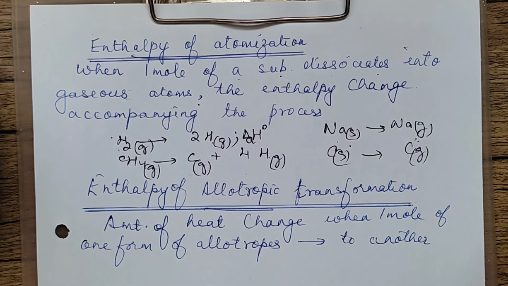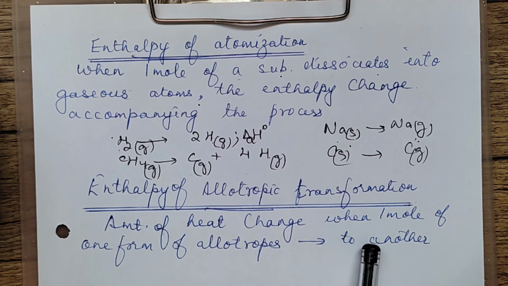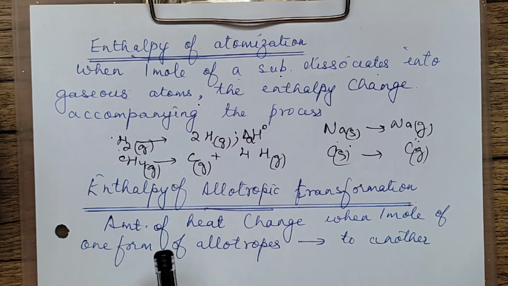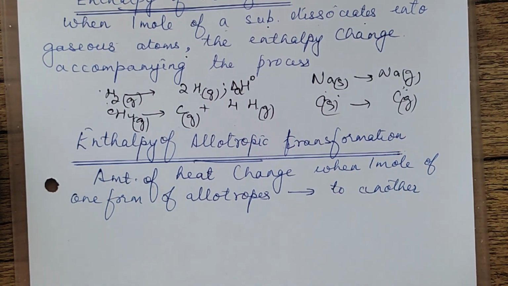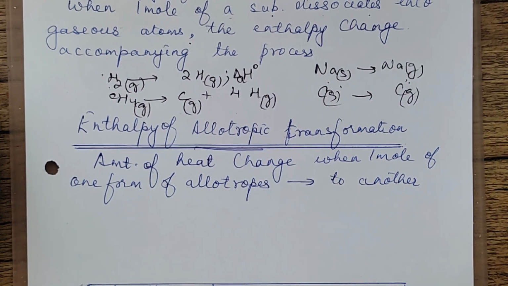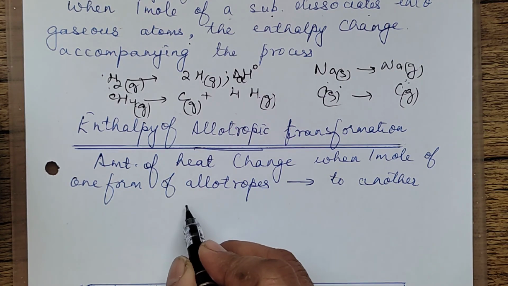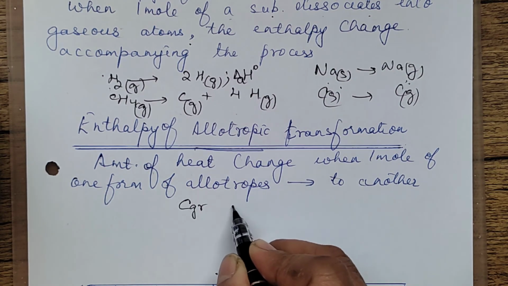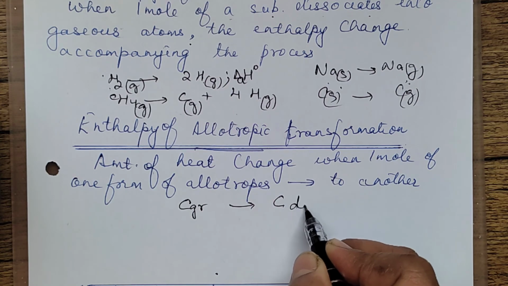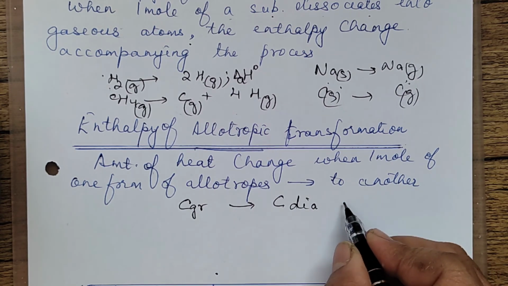Now, the next one is enthalpy of allotropic transformations. That means the amount of heat change taking place when 1 mole of one allotropic form changes into another. For example, carbon in the graphite form changes into carbon in the diamond form.